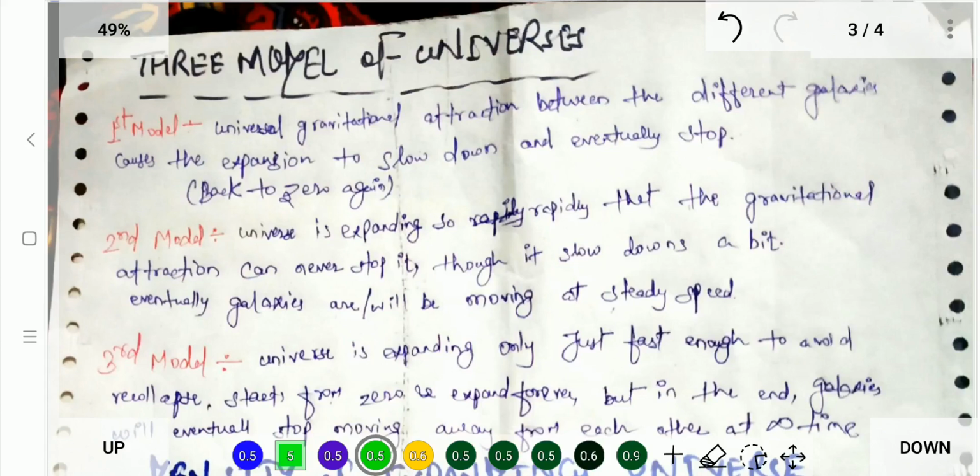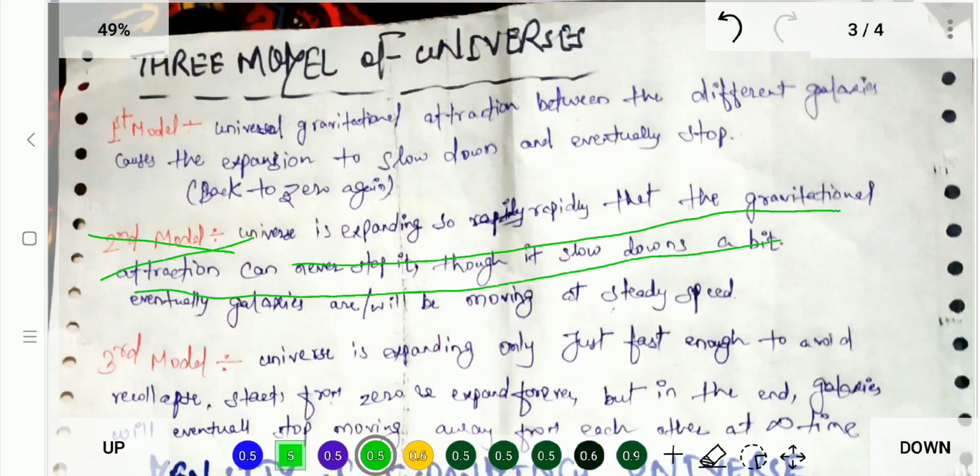In the second model, the universe is expanding so rapidly that the gravitational attraction can never stop it. Though it slows down a bit, eventually galaxies are or will be moving at a steady speed.